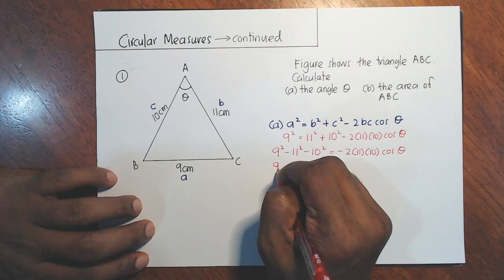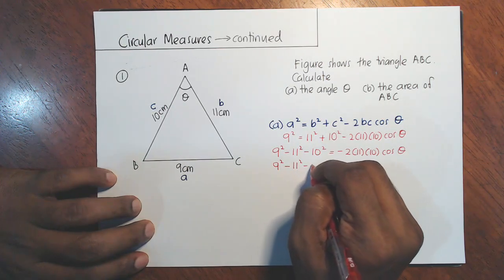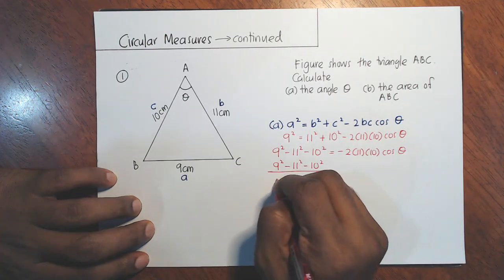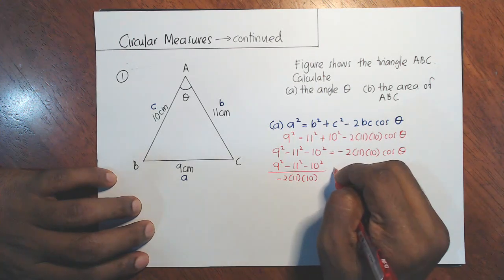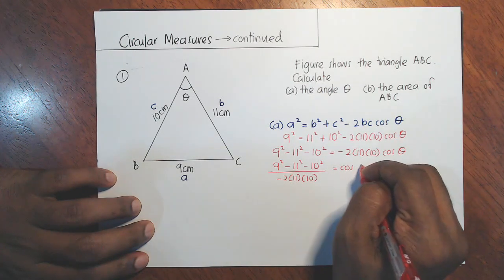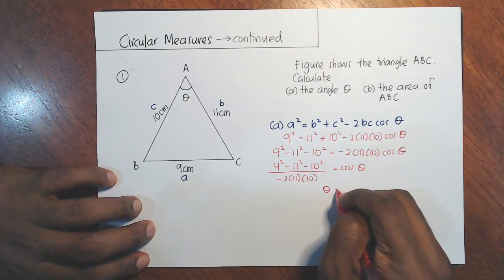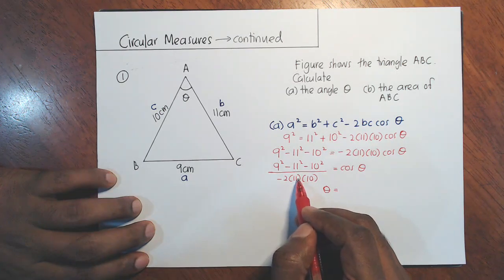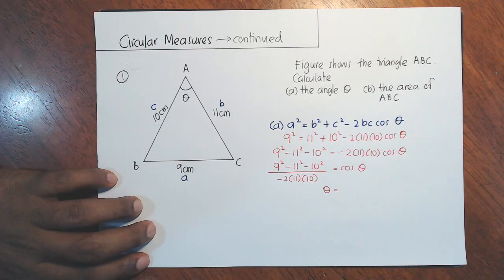So what you actually get is 9 square minus 11 square minus 10 square divided by negative 2 times 11 times 10. What is left here will be cos theta. Now from there, we can straight away calculate theta. What we do is type this out in the calculator, get the value, and then shift cos. You will get the angle theta.